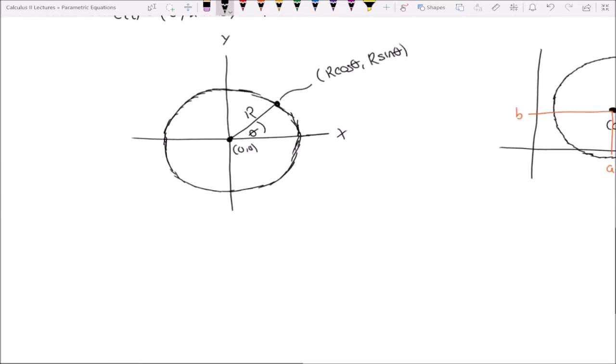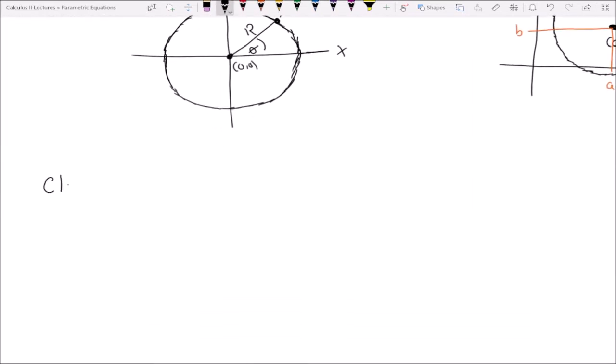So this simple observation is going to lead us to a claim.